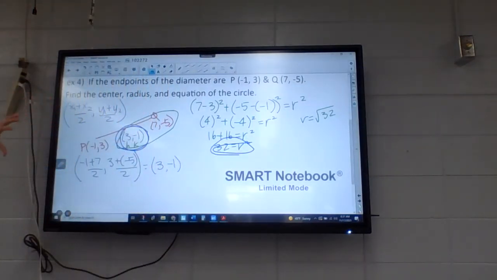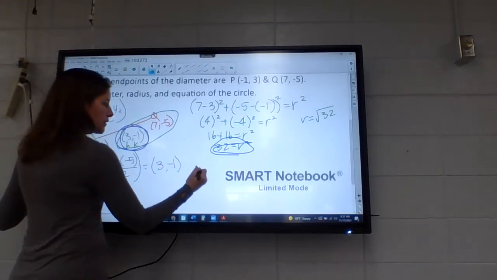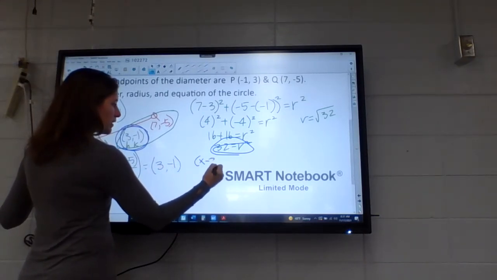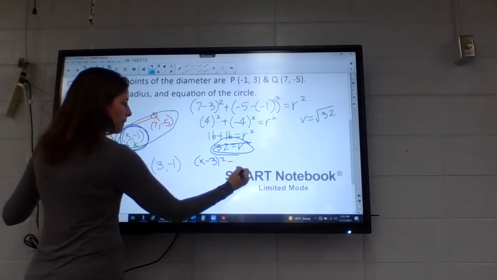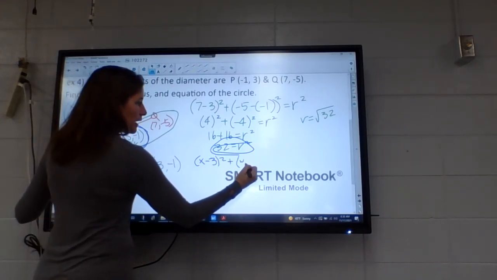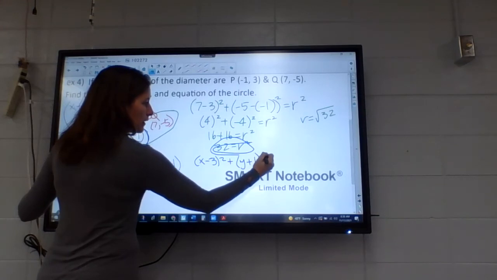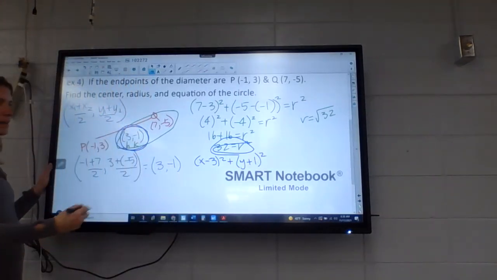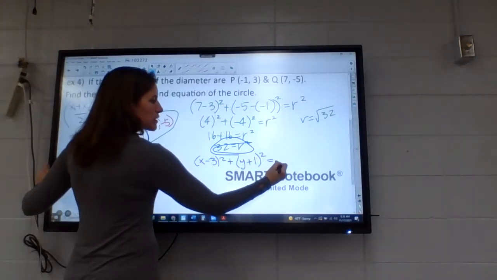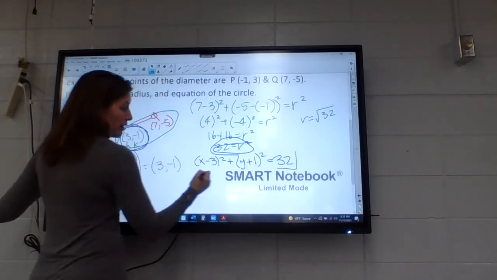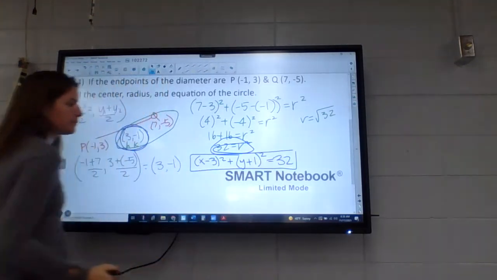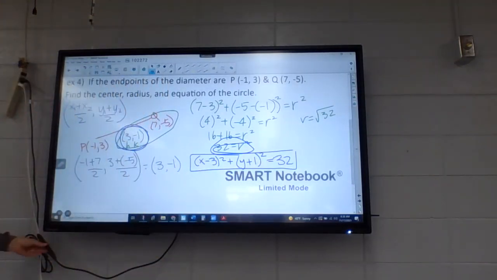I'm going to leave r squared as 32, because when I put that into my circle equation, I square it anyway. So it's going to be x minus our h, y minus our k, so it ends up being plus k, and then equals our r squared, which is going to be 32 because I squared it. So that's our equation of our circle.